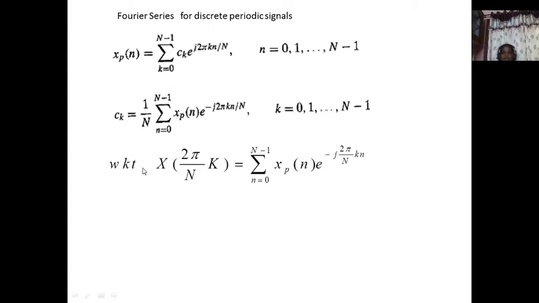Then we already have the derived expression X of 2 pi by N k equals summation n equals 0 to N minus 1 xp of n e power minus j 2 pi by N kn.